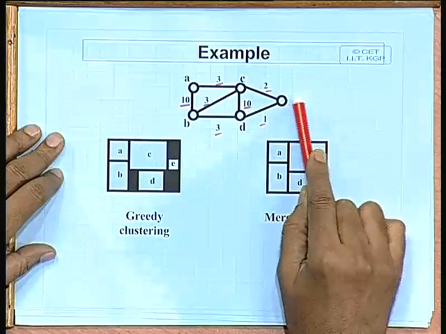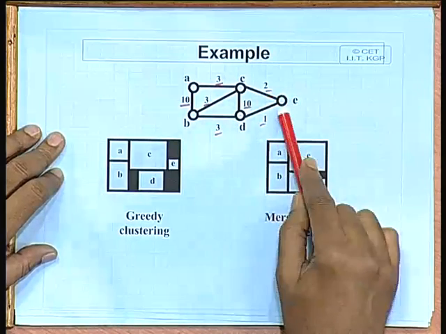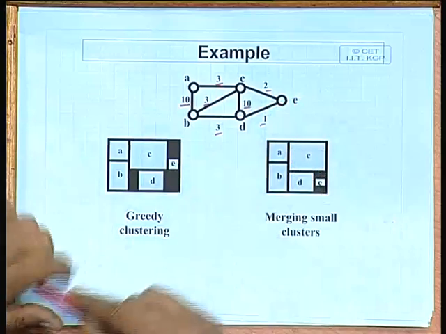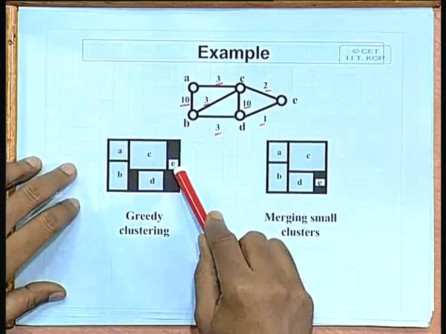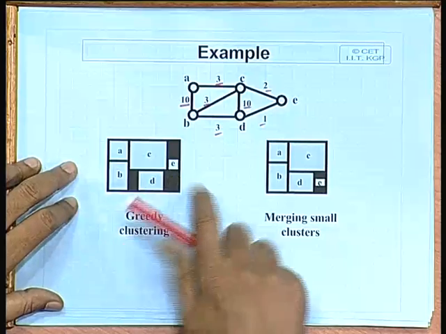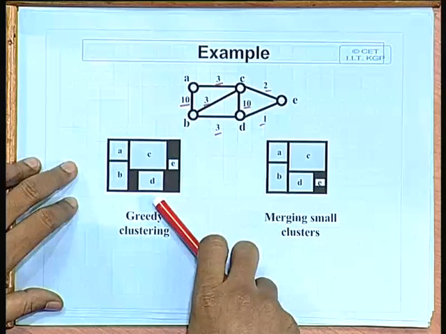Now since E has a weight of 2 and 1 to the others, E will be taken last. But if E is a very small cluster, the floor plan will possibly be something like this. So here you are wasting too much space.